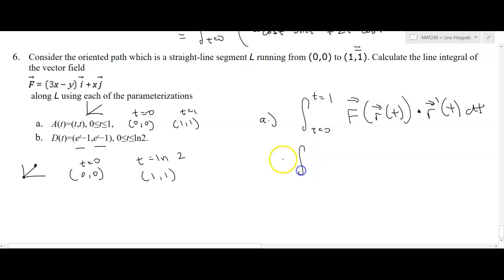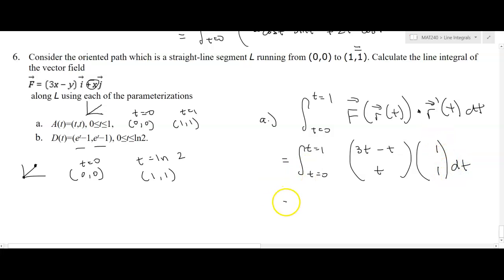So this is going to be the integral from t equals 0 to t equals 1 of 3x minus y. X is t, y is t, so 3t minus t. The y component is simply just x, which is t, dotted with the derivative of the position vector. So this is our position vector, (t, t), and the derivative of t is 1, and the derivative of t is 1. And so that's the integral that I'm going to work through.